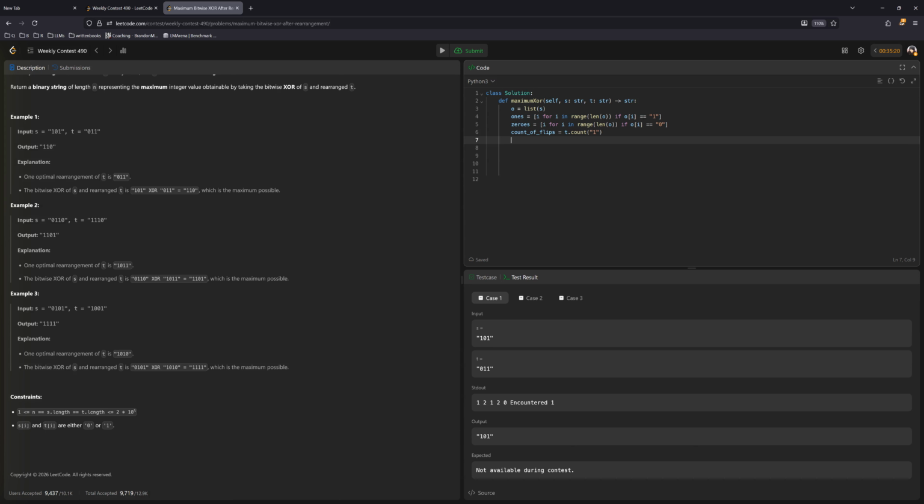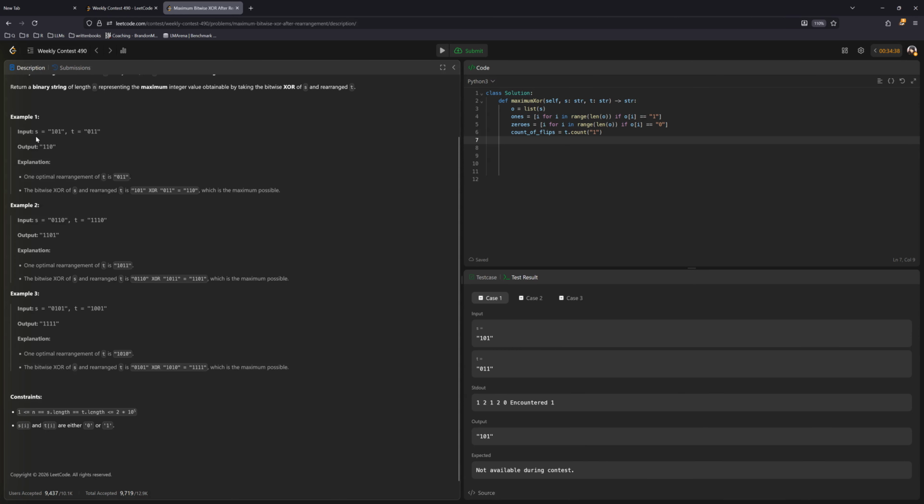Okay, so we want to flip. If we're forced to flip things, we want to flip the lowest bits, right? I swear this is not as complicated as I'm making it. Okay, we have 101 and we have 2 flips, right?